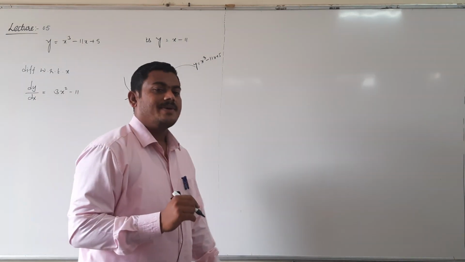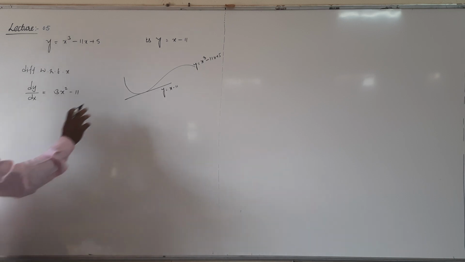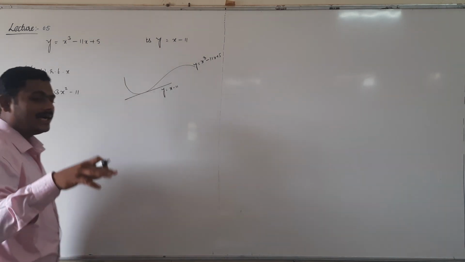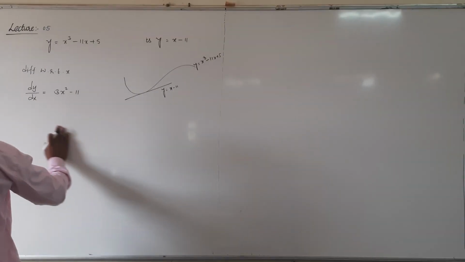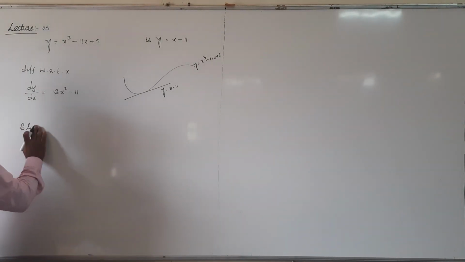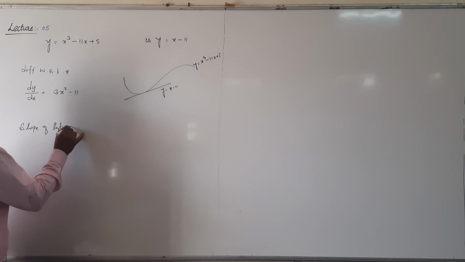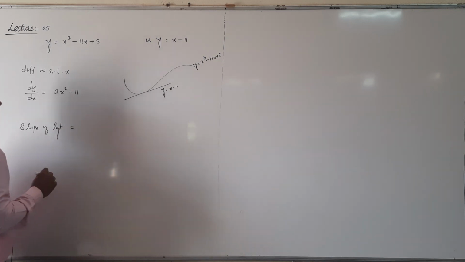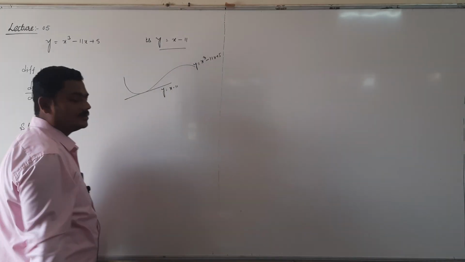This is our dy by dx. Then the slope of the tangent line: already the equation of the tangent is given. What is the slope of this line?